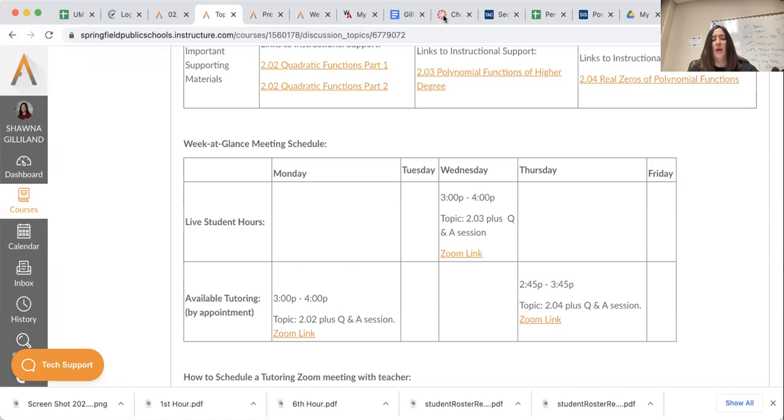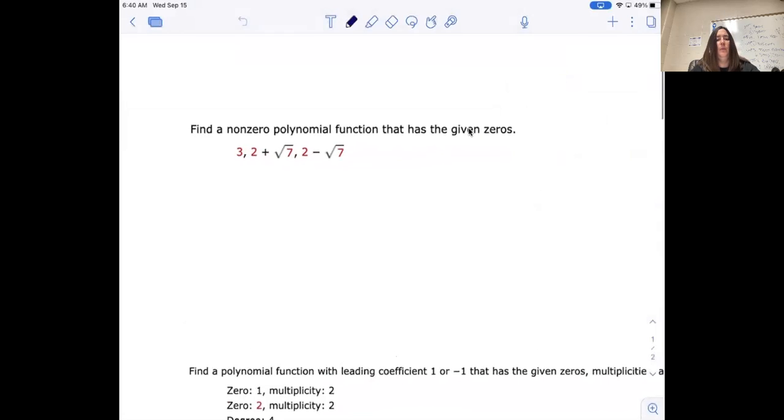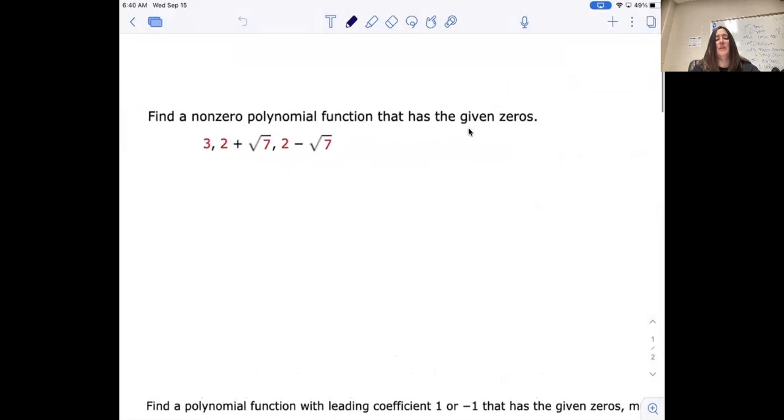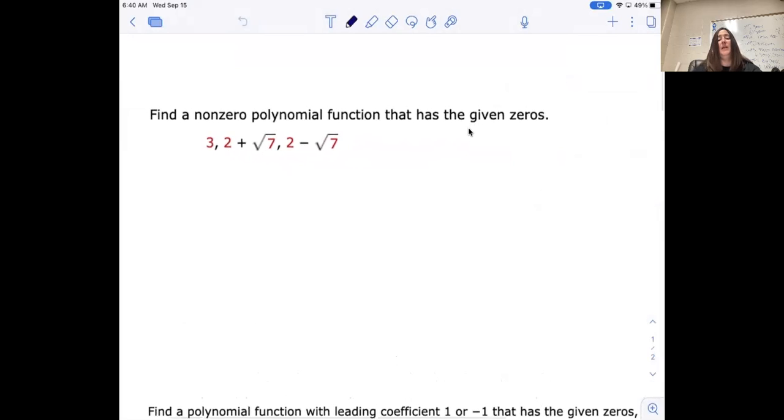So right now I'm going to go ahead and do an example similar to one that you will see on your homework. So I'm going to share a different screen. A lot of what you'll be doing in this assignment will be using Desmos or a graphing calculator.